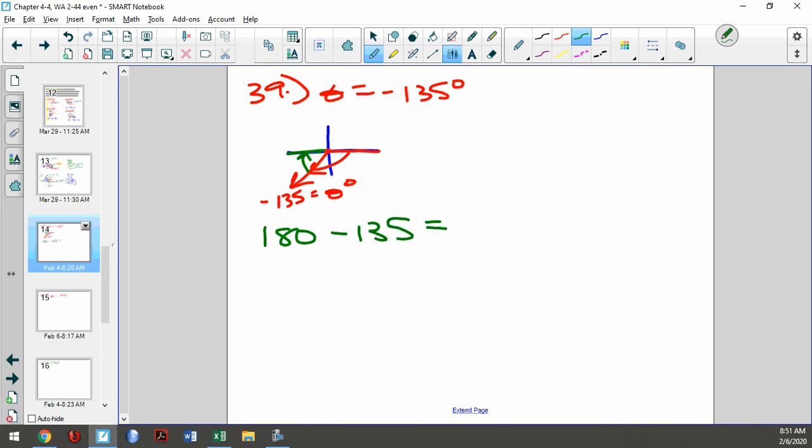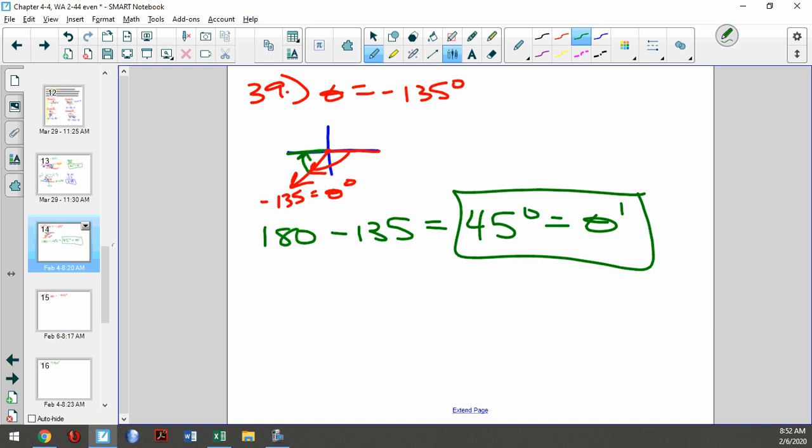I'm going to take 180 minus the angle that I have there, and that's going to give me the slice of pie that's left over. And what is that going to be? We're going to say it's positive 45 because a reference angle is always going to be a positive number. So this refers to a 45-degree angle. Do we all understand that? The reference angle is 45 degrees. That is how you're going to do 39.